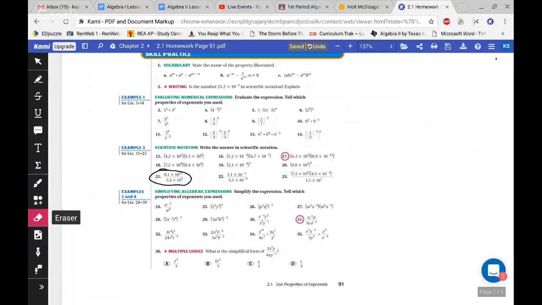The dots are hard to get rid of. Okay, 25.